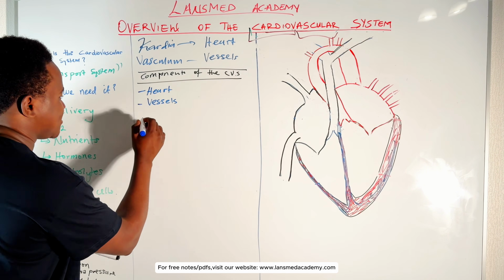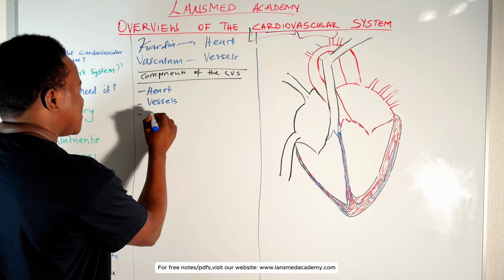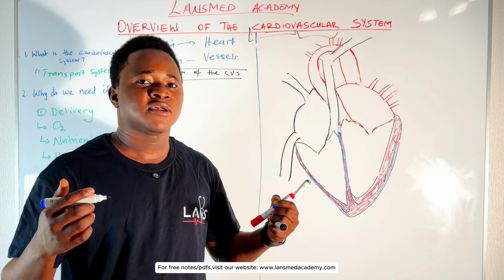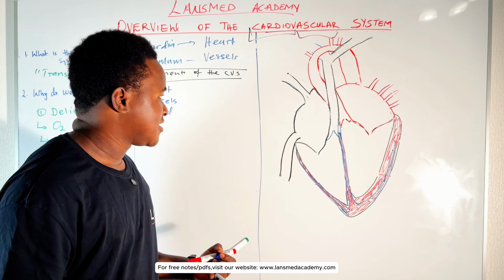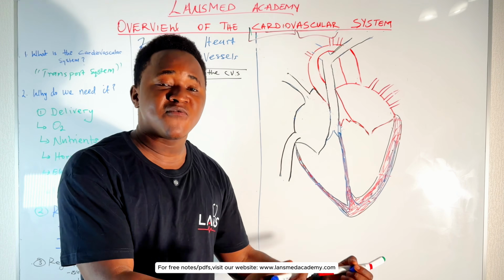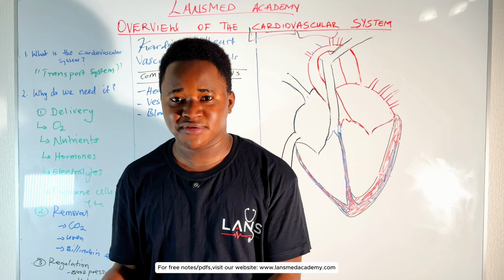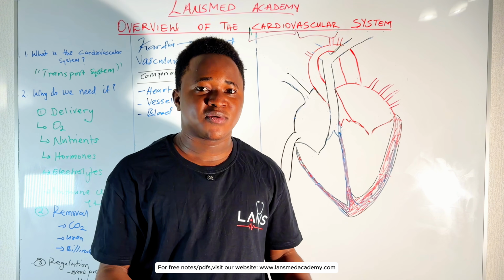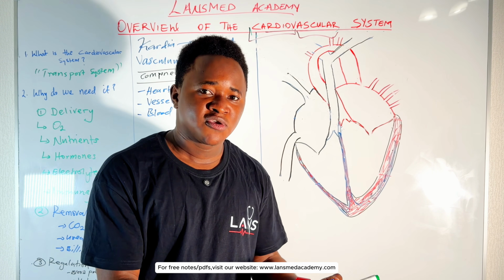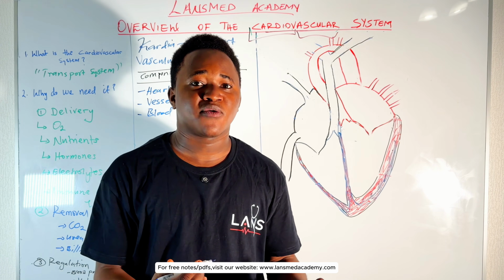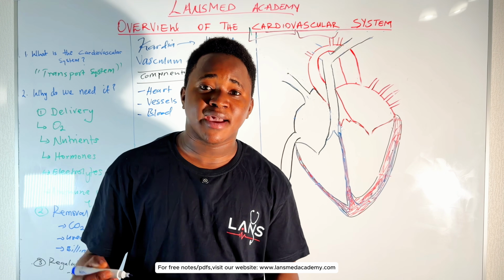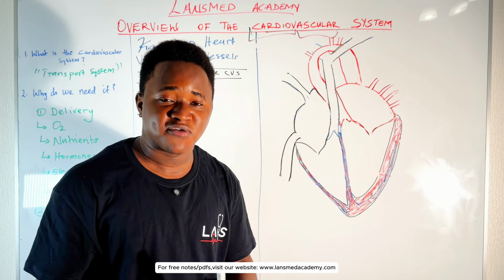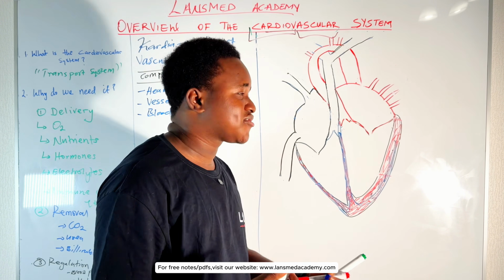Let's also look at the other one, which is the blood. Without the blood, the cardiovascular system is unnecessary, because for the delivery, removal, and regulatory processes to happen, it is the blood that mediates all of this. It is basically the vehicle through which all these processes are carried out, like delivery of oxygen, removal of carbon dioxide, nutrients, electrolytes, and everything.